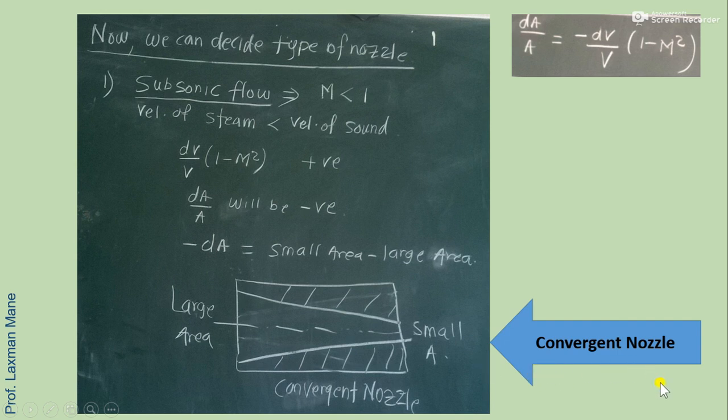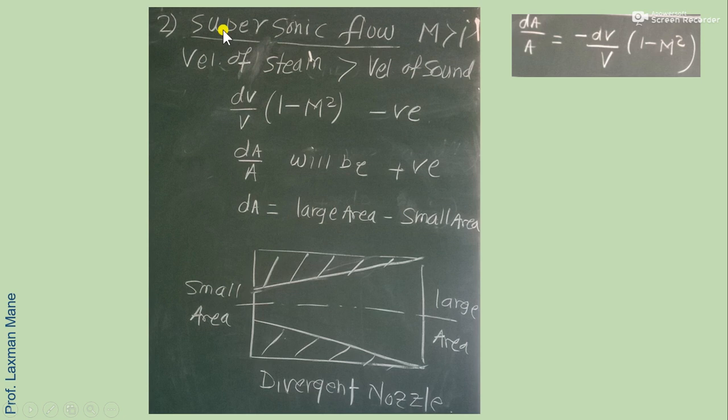Similarly, now we will proceed to the next case, where we consider supersonic flow, meaning Mach number is greater than 1, that is velocity of steam is greater than velocity of sound. Now this is the original expression. Mach number is greater than 1, meaning positive, so the expression dV by V bracket 1 minus M square should be negative.